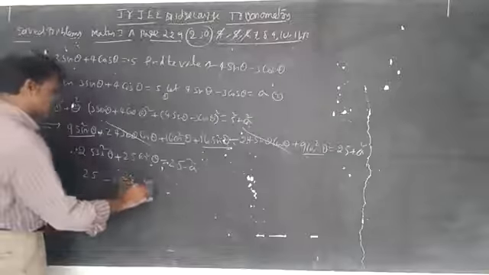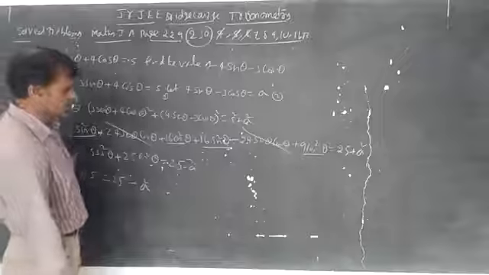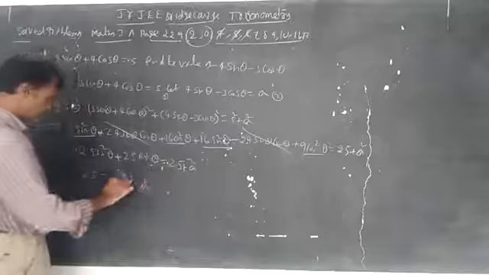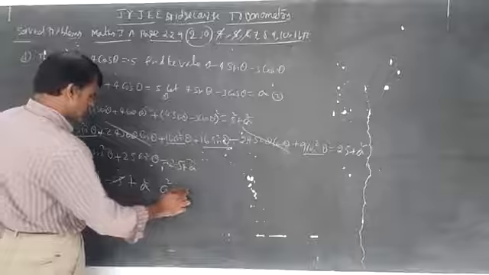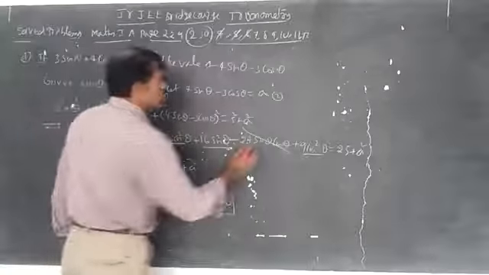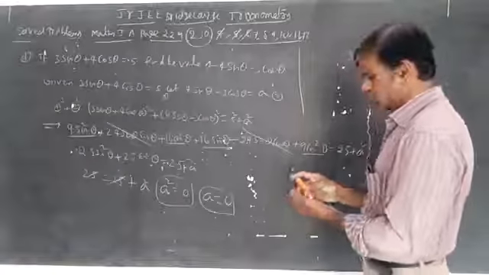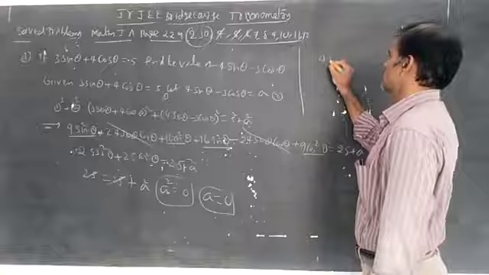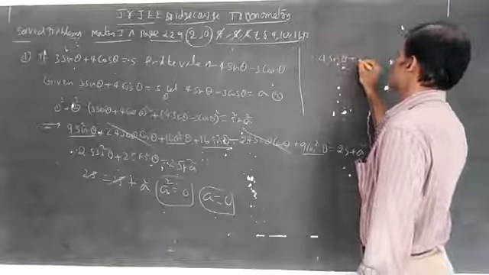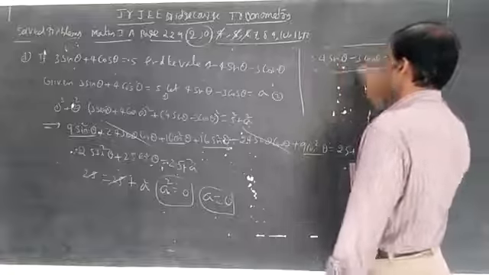So 25 is equal to 25 plus A square. 25 will get cancelled. A square is equal to 0. So A is equal to 0. Whatever A we thought, the value we got is 0. Therefore, 4 sin theta minus 3 cos theta is equal to 0.